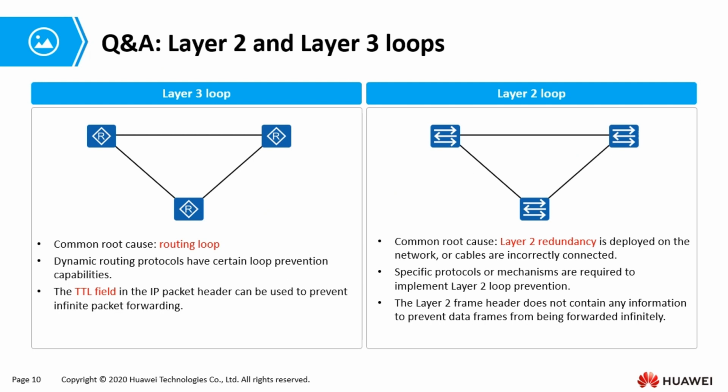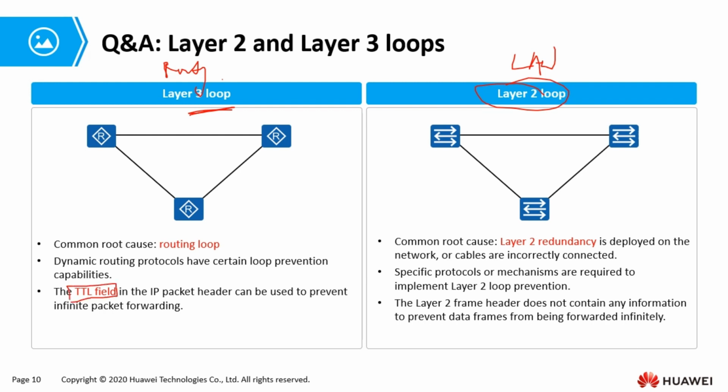Here we want to highlight again the differences between layer 2 and layer 3 loops. What we mentioned just now is that in a layer 2 local area network, or the Ethernet switching network, you have to apply STP, or RSTP or MSTP, to stop the loops. In layer 3, that means your routing protocol, you prevent loops based on TTL.